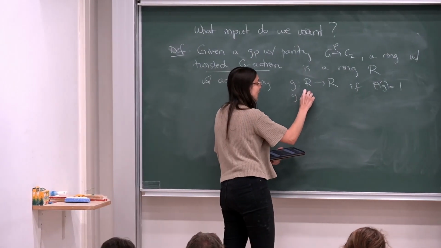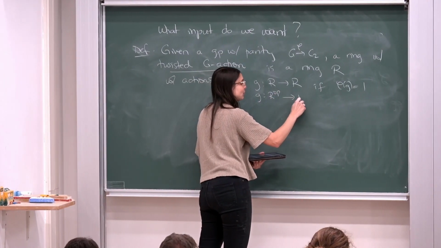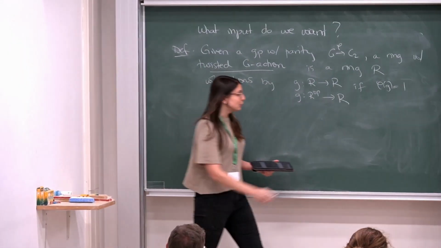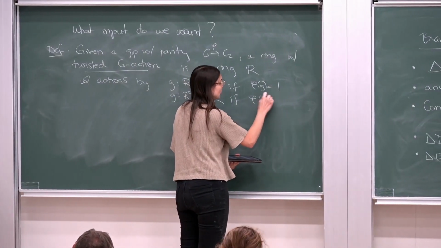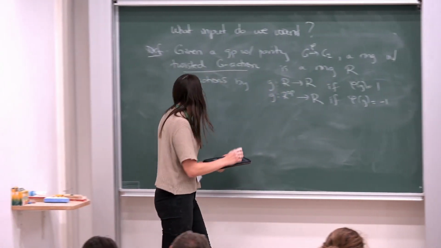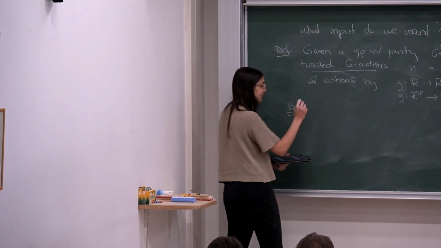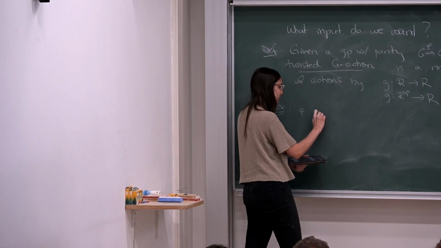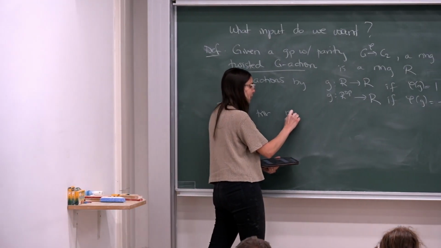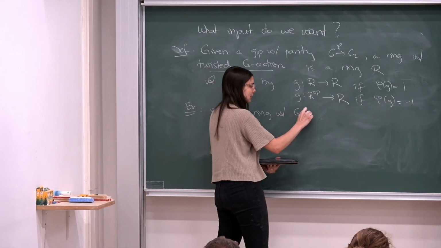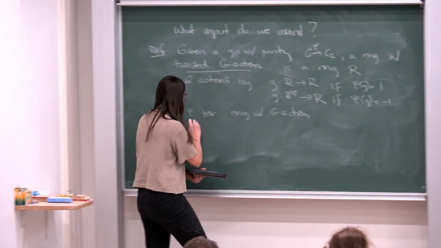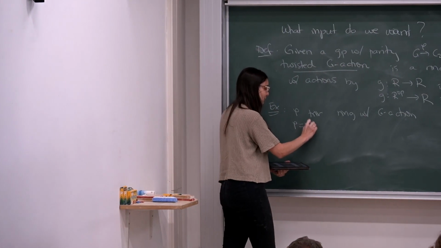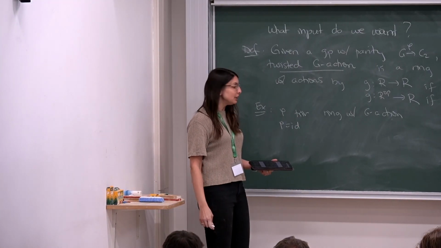And G is going to act by an anti-homomorphism, so a map from R up to R, if the parity of G is minus 1. So as you can see, this recovers some well-known examples. So if phi is trivial, this is just a ring with G action. And if phi is the identity on C2, this is a ring with anti-involution.